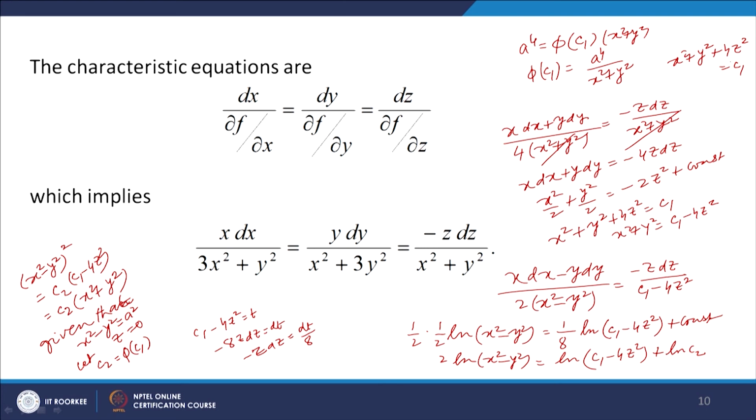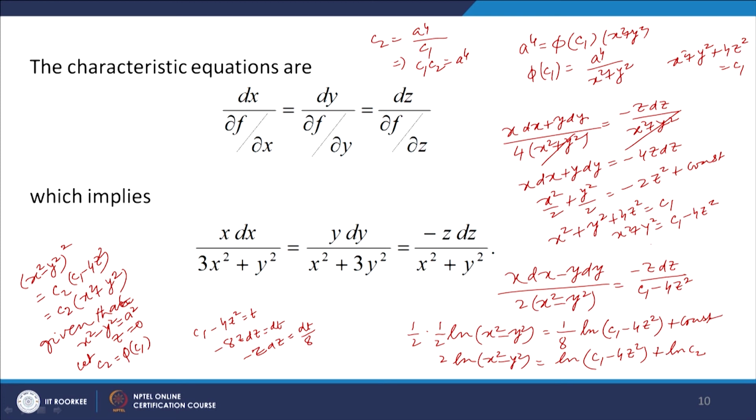C2 equal to, what is the relation between C2 and C1? Let us find that. So C2 is equal to a4 upon x square plus y square, and x square plus y square is C1 minus 4z square. So C1 C2 equal to a4. Okay, and let us now put the values of C1 and C2.